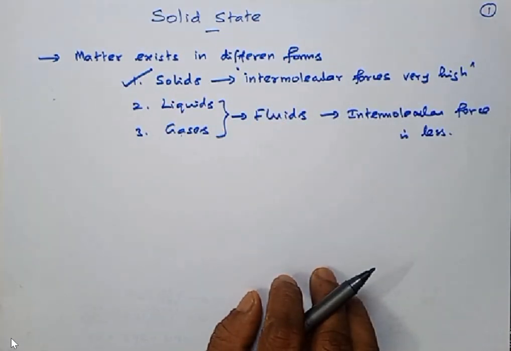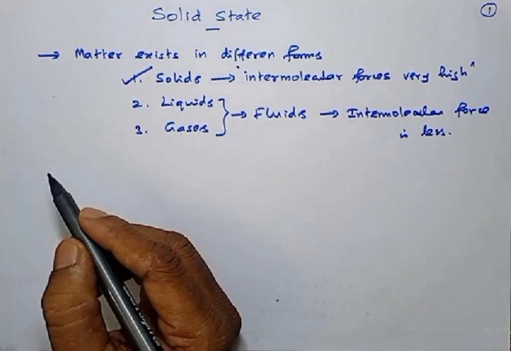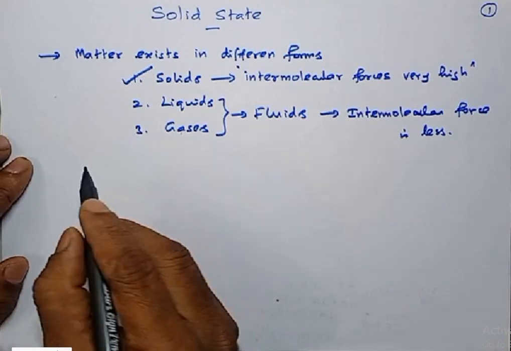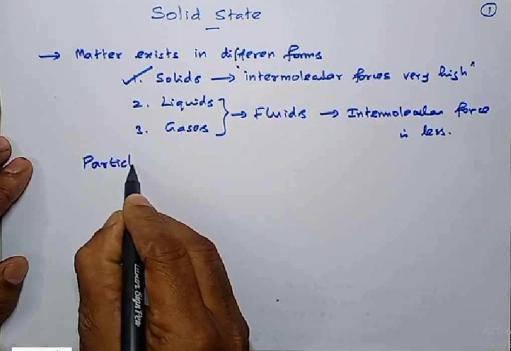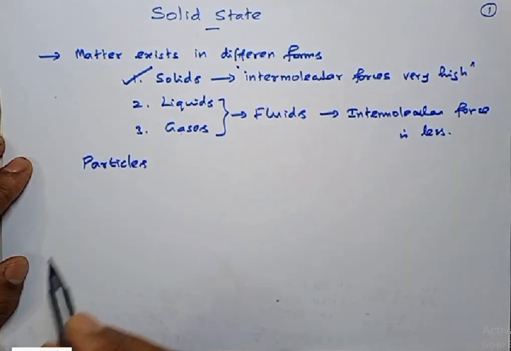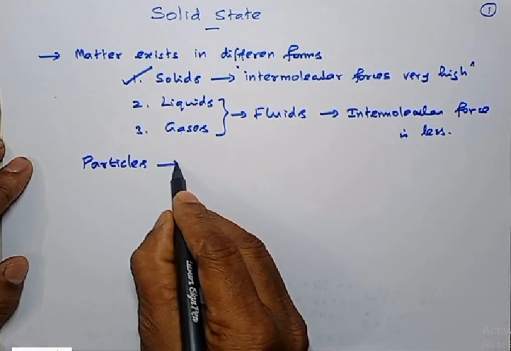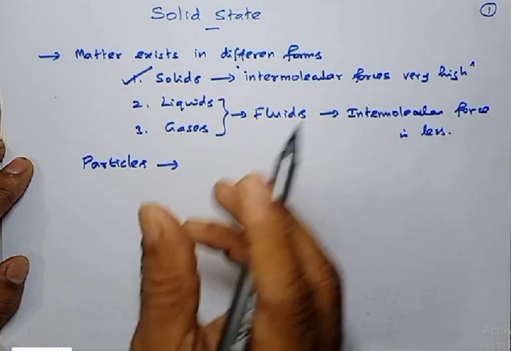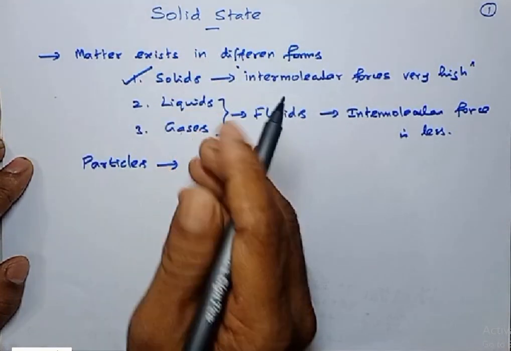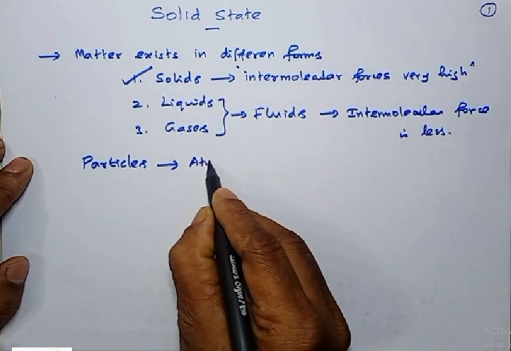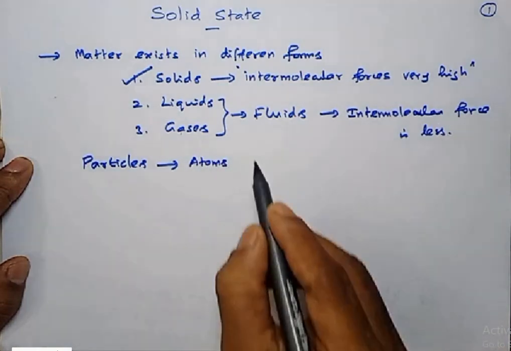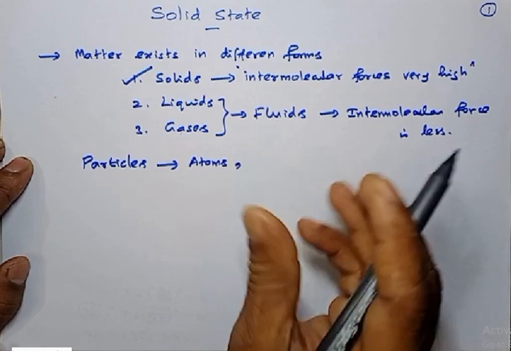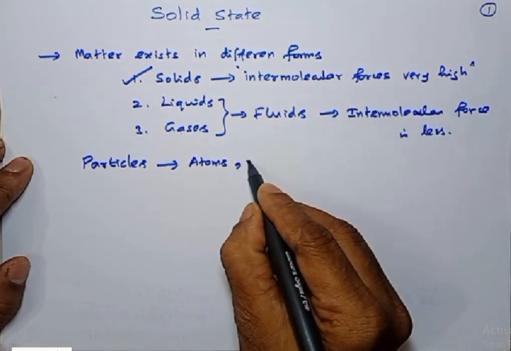Okay, now here I am going to use a common term, that is particles. Particle or particles, which means in the case of solid, a solid may be formed just by the combination of atoms. A solid may be formed by the combination of molecules.